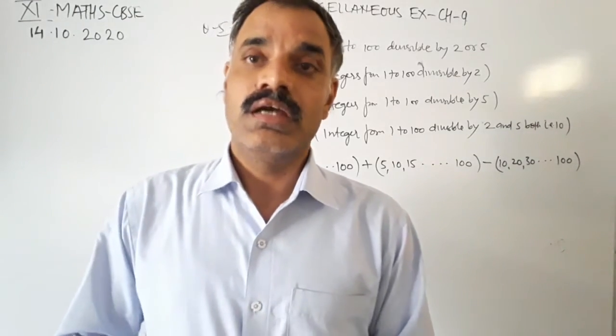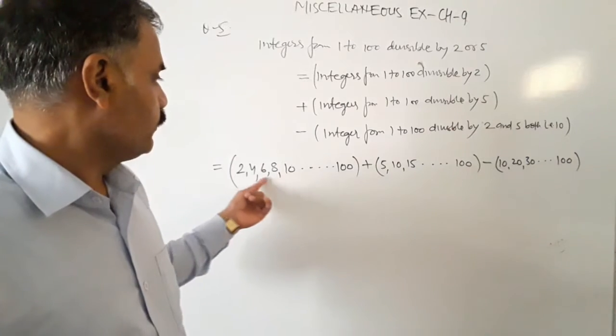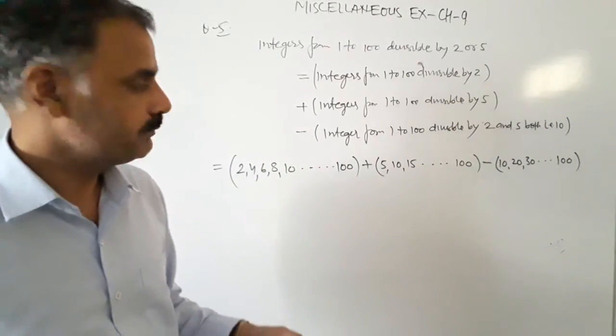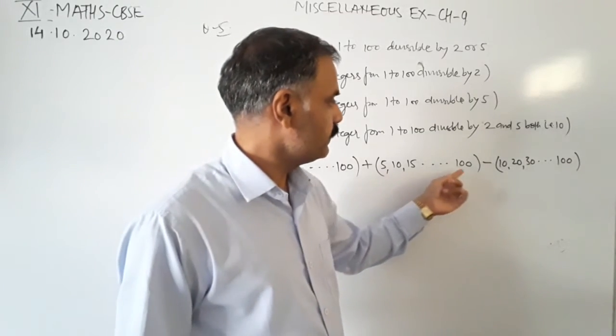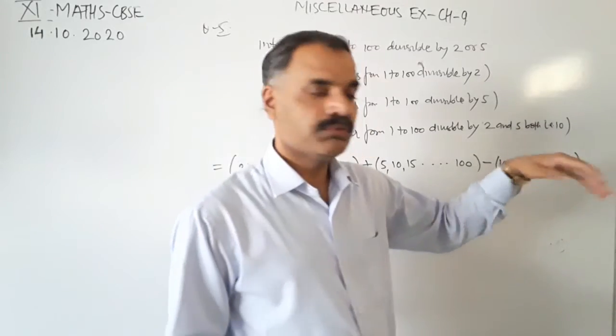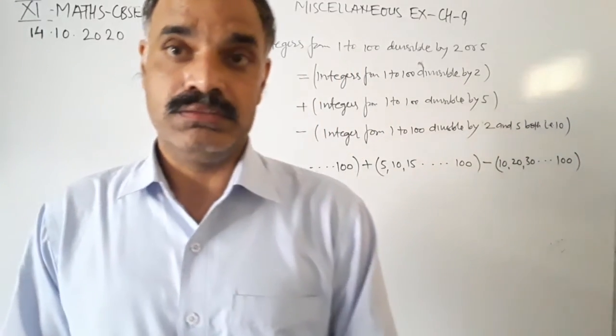Clear? Everybody clear? 2, 4, 6, 8 up to 100. These are 50 numbers. 5, 10, 15 up to 100. These are 20 numbers. 10, 20, 30 up to 100. These are 10 numbers. Okay.